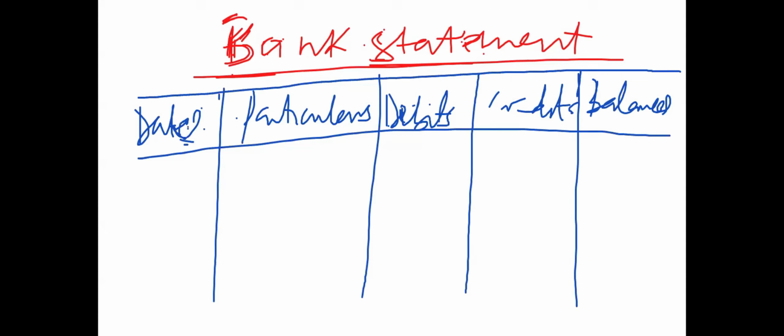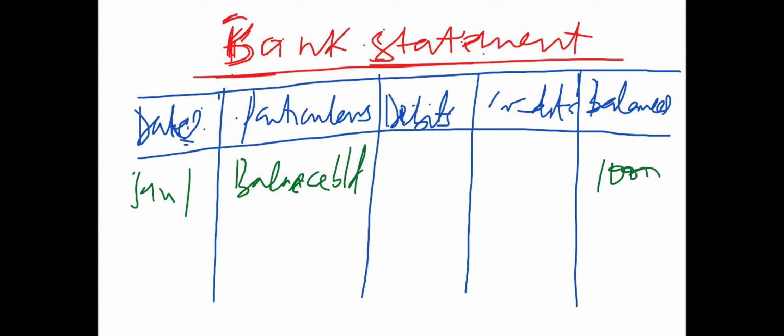So we can have things like maybe Jan 1st. We can have maybe the balance for the previous period. This will be the balance brought down. It's not going to be in any of these. It's going to be this side of the balances.